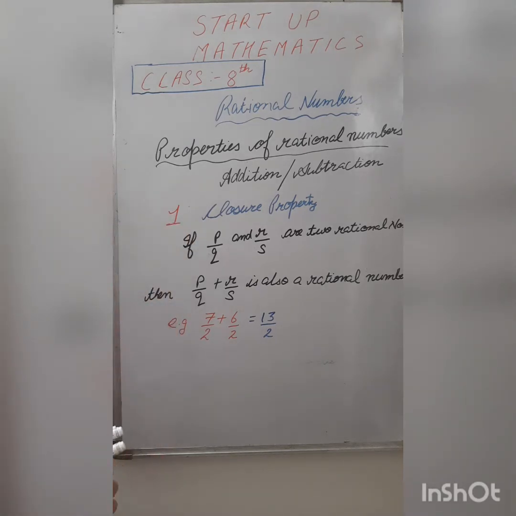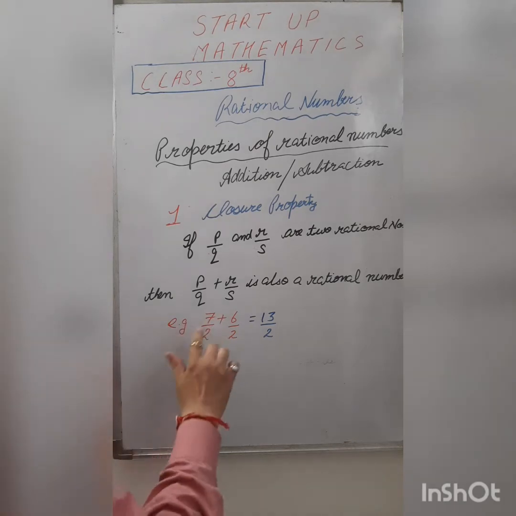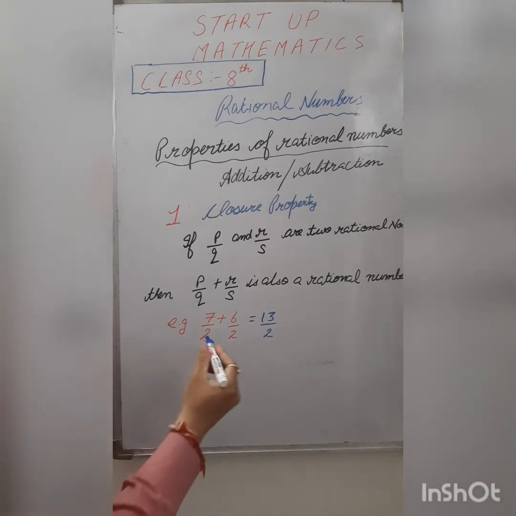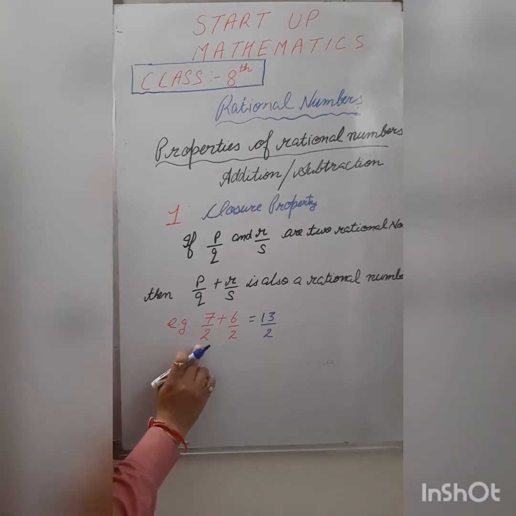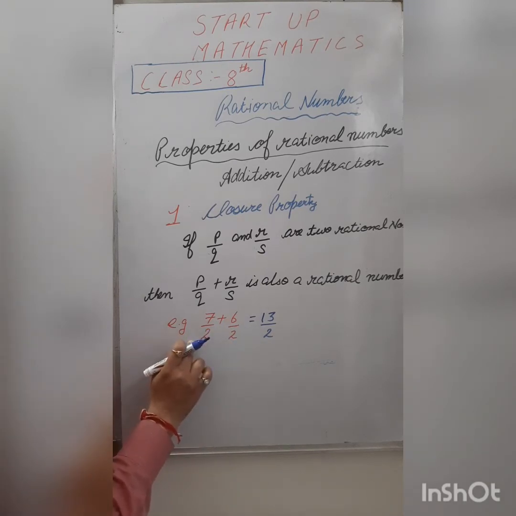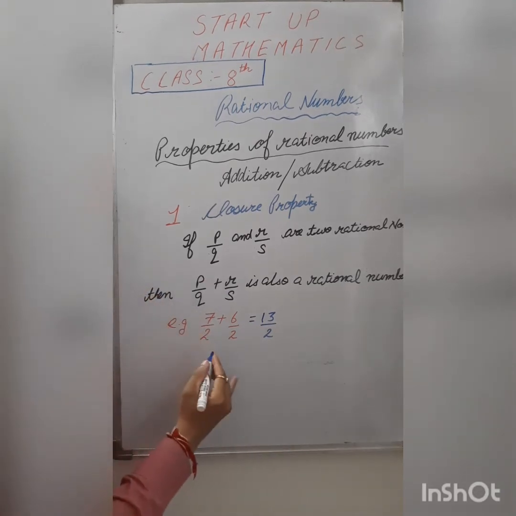So this is the closure property. Next property, students, one thing more, you can add these two rational numbers in any order. See here, 6 by 2 is added to 7 by 2, or you can add 7 by 2 to 6 by 2.